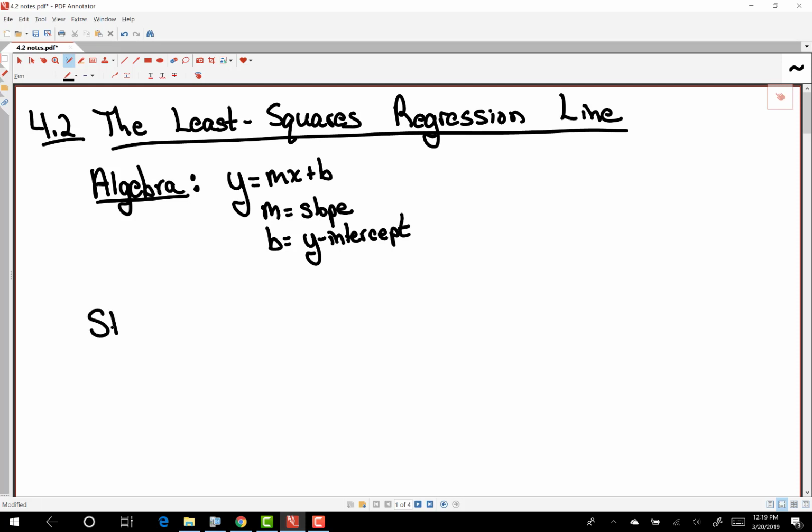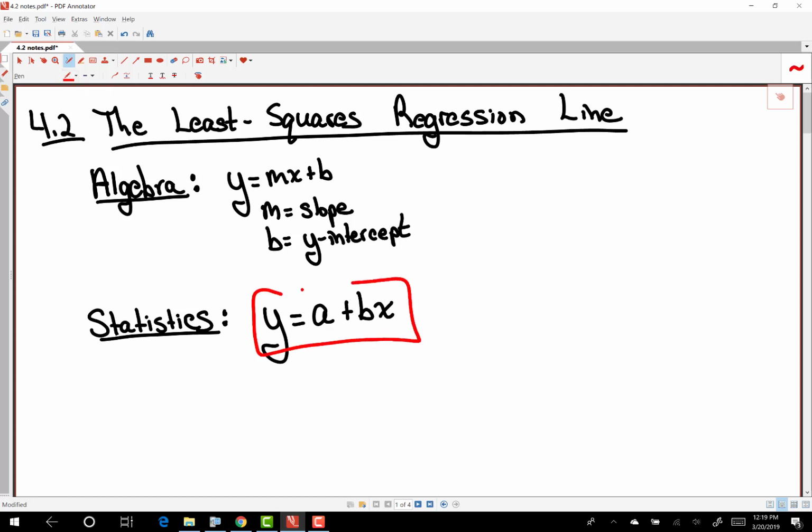So in statistics, for our least squares regression line, we use slightly different notation. We're going to use y equals a plus bx. So slightly different. Our a is like the b in the algebra form, and our b in the statistics form is the slope.